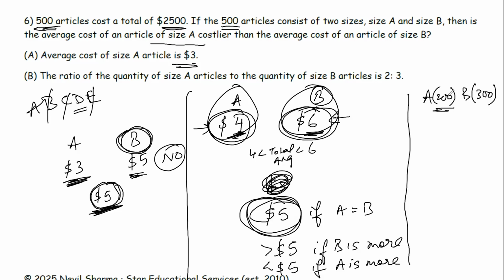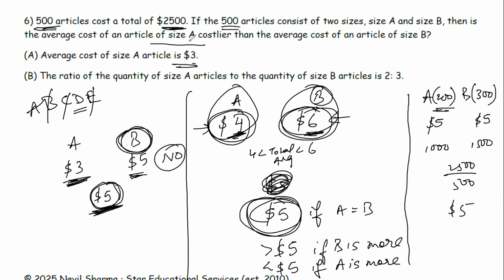So now suppose the 200 articles were sold at an average cost of $5. That gives me 1,000, and this is also $5, which gives me 1,500. So I got a total of 1,000 and 1,500, that is a total cost of 2,500, and divide by 500. That gives me 5. So everything is 5.